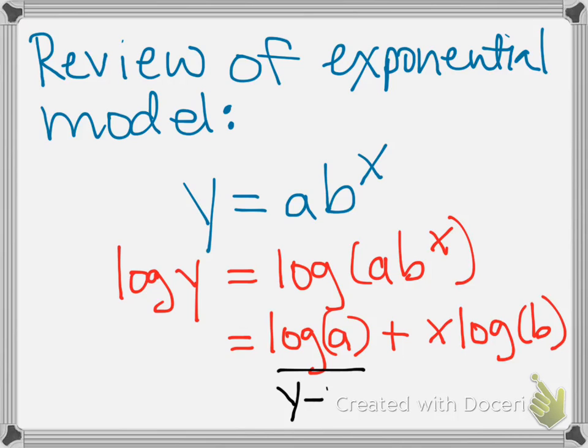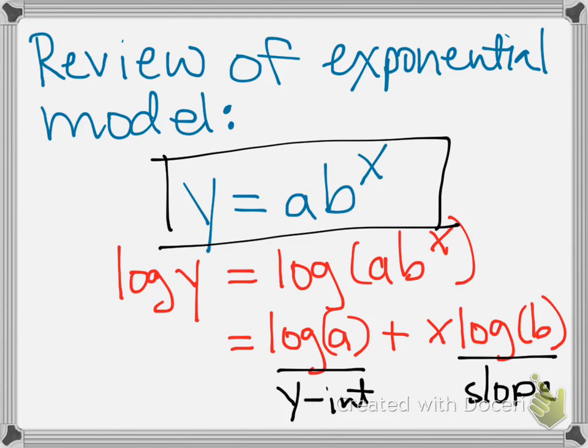So here's our y-intercept. And then the log of b is the slope. And so this logarithmic transformation, again, is what allows us to take what is initially an exponential equation and transform it into the linear equation that we end up with.